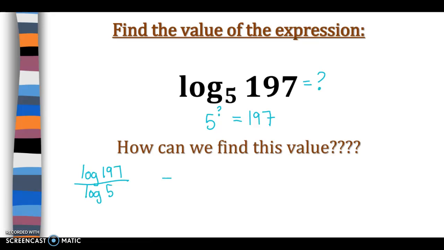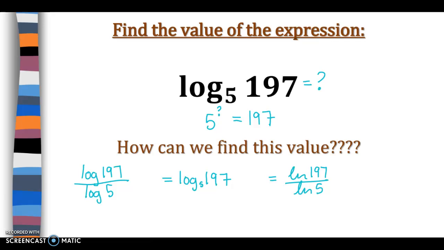This is equal to the log base 5 of 197. It should also be equal to the change of base formula when we use the natural log: the natural log of 197 divided by the natural log of 5.